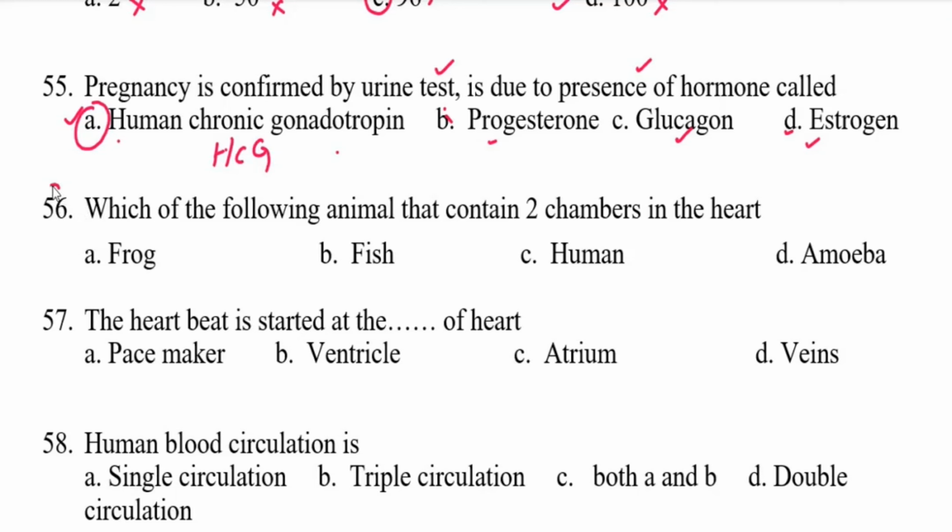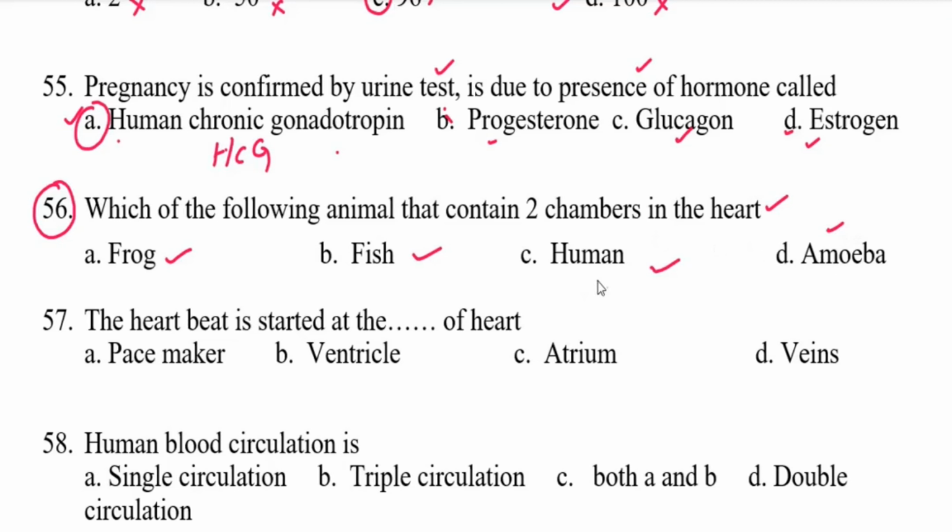Coming to the 56th question, which of the following animals contains two chambers in the heart? Let us see the options first of all: frog, fish, human and amoeba.